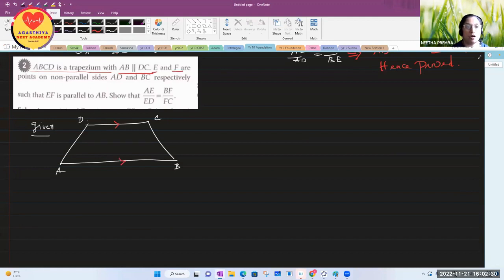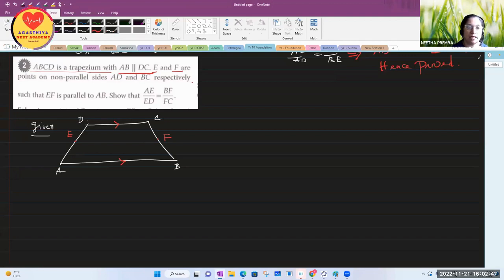E and F are points on non-parallel sides AD and BC respectively. Show that EF is parallel to AB.